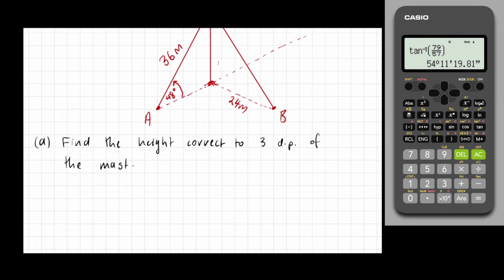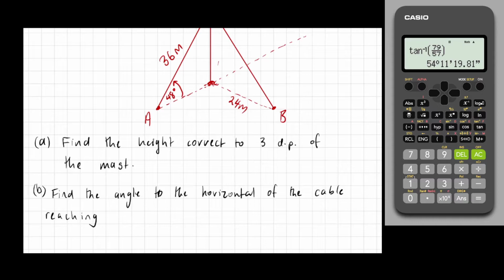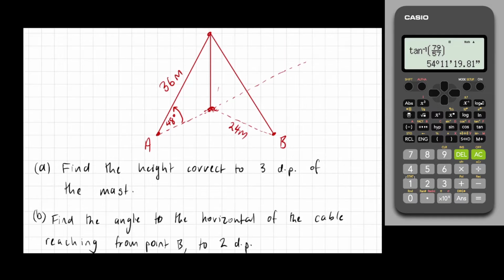And then part B, which we'll do in a moment: find the angle to the horizontal of the cable reaching from point B, to decimal places. Okay, so these are the two questions we're going to have a go at.